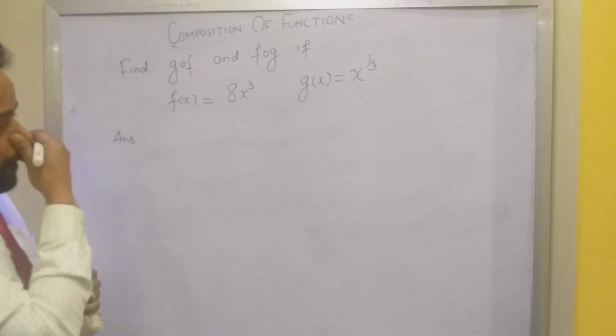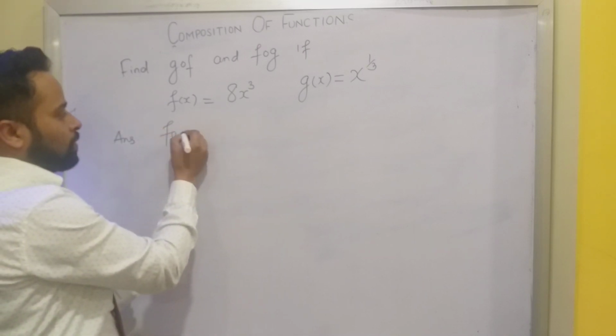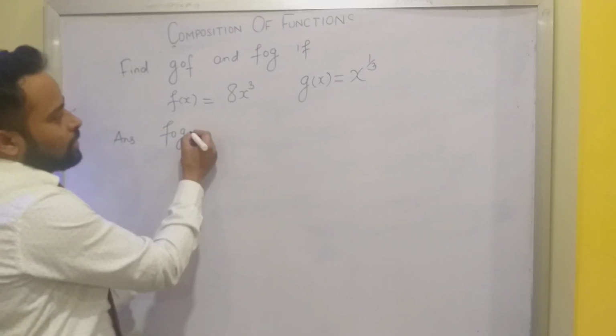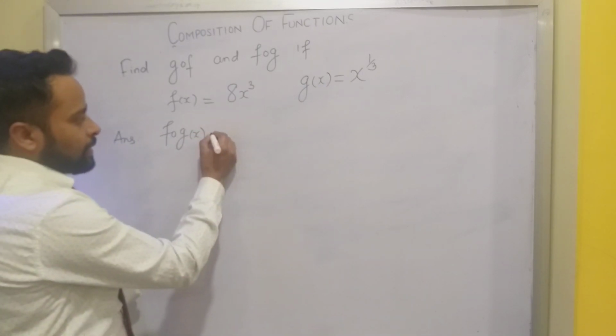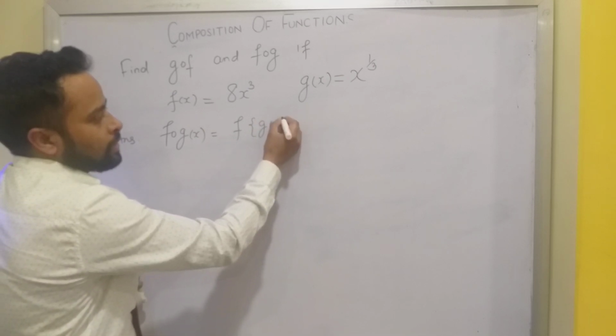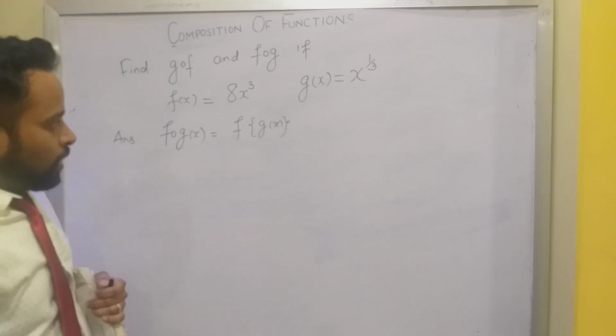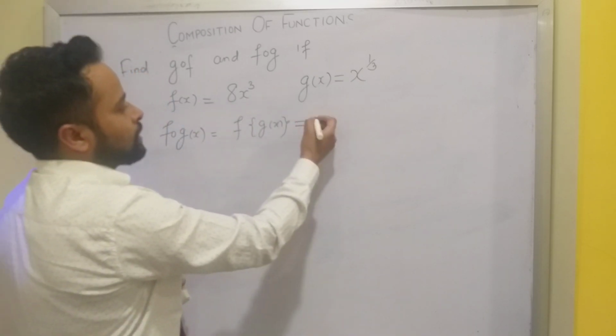What I will do is I'll find FOG first. FOG of x can be written as f of g of x. So f of g of x means, what is f of x? f of x is 8x cube.